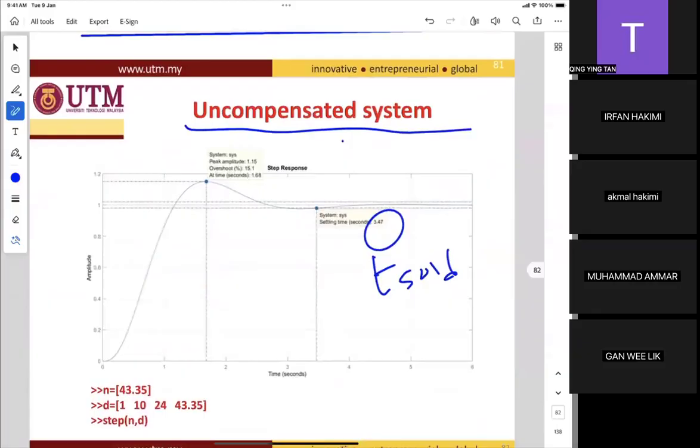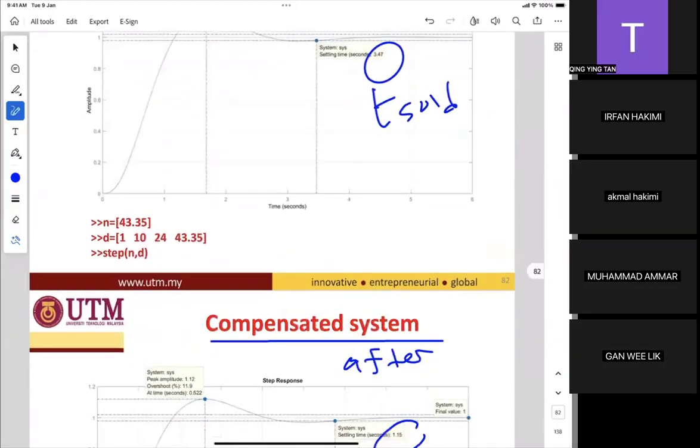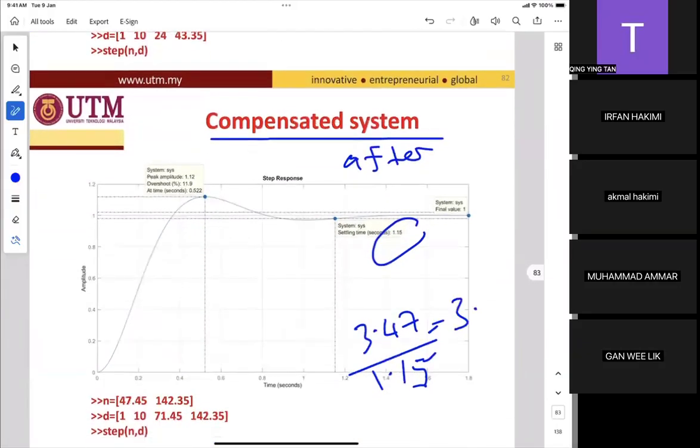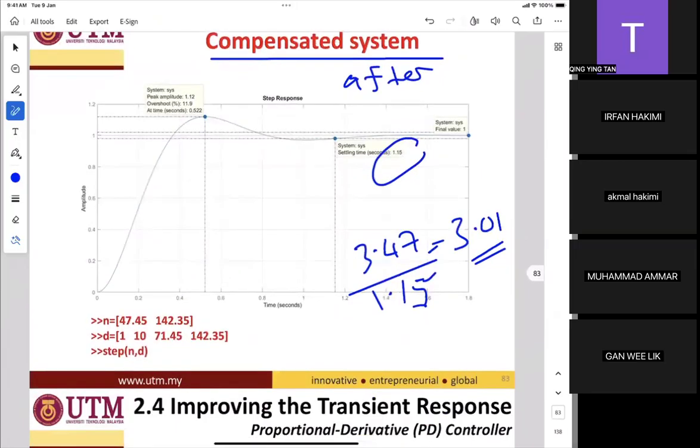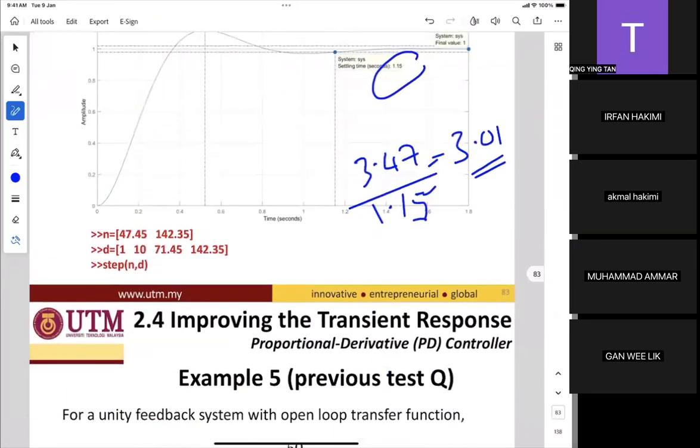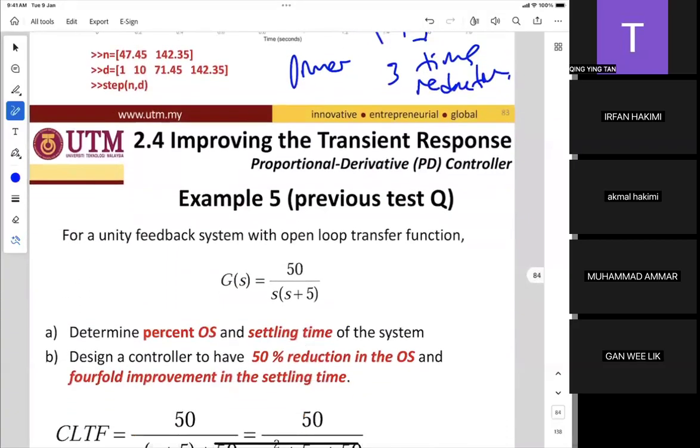This is after design. This would be 3.0174. So 3 times reduction, proven. Or 3 to 4 times reduction.